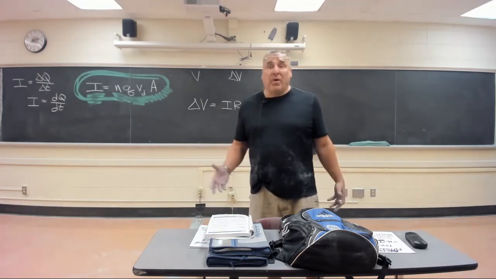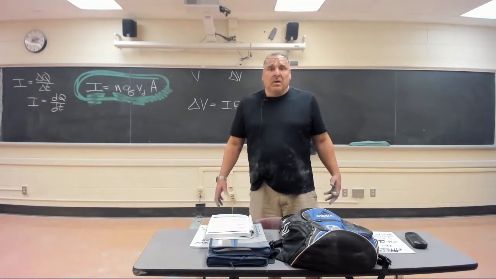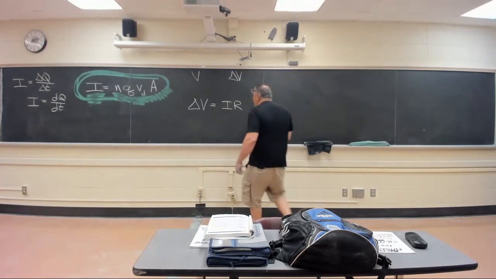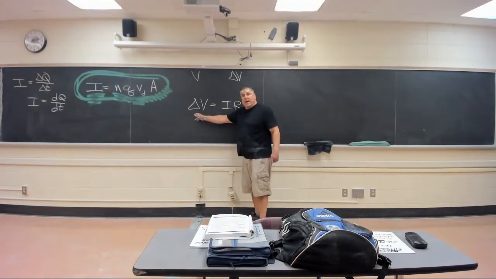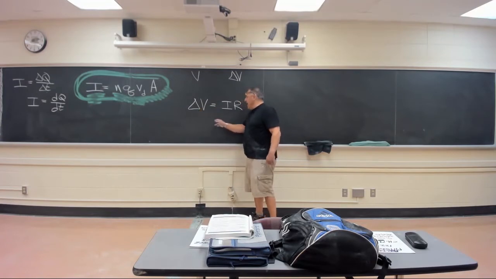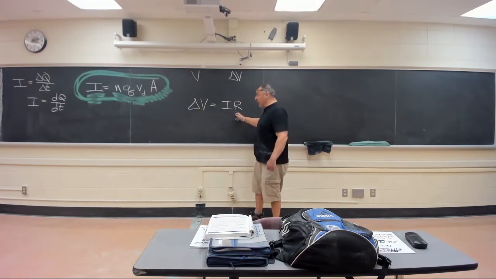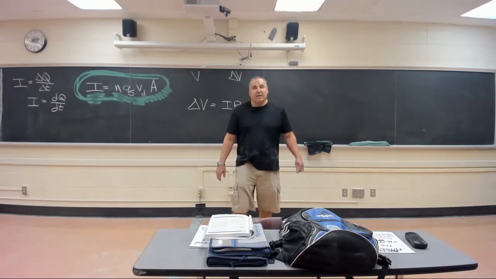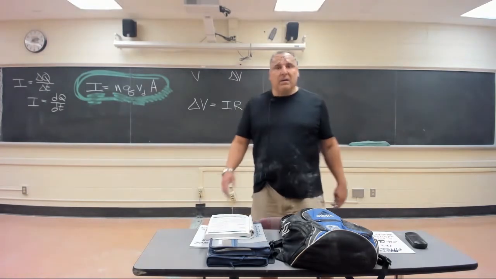There has to be tremendous pressure for that to happen. Well, the potential difference is kind of like the pressure. The potential difference is a measure of the capacity to do work per unit charge. If there's a lot of current despite a lot of resistance, big times big is a big answer. That's one way to look at it.